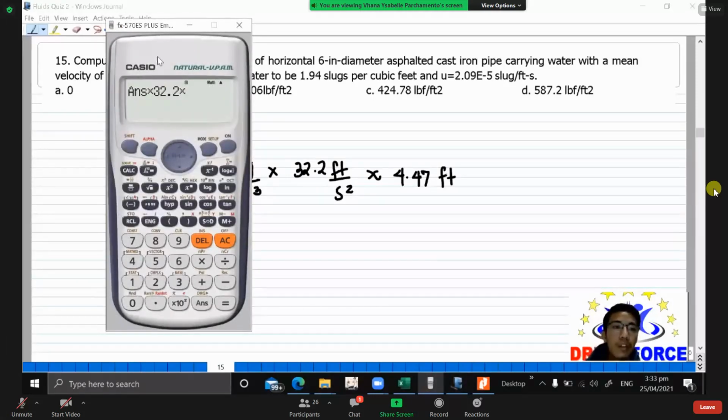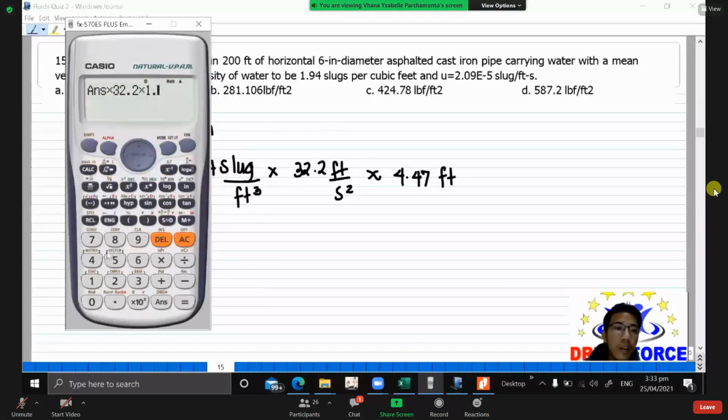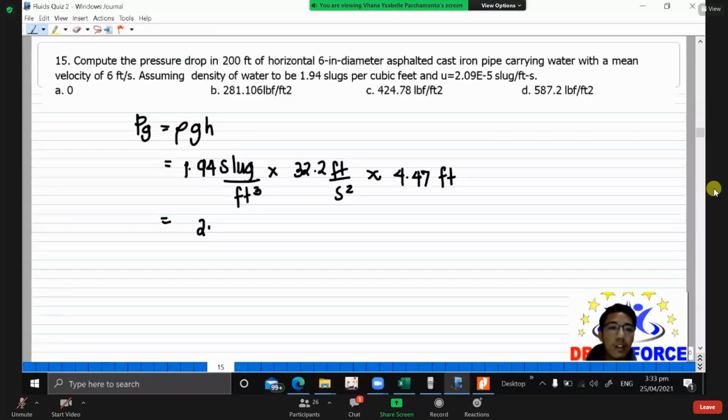Okay, times 32.2 times 1.94. Yan, 279.36 pound force per cubic feet. Okay, that is letter B pa rin. So 14 is letter B and 15 is letter B also.